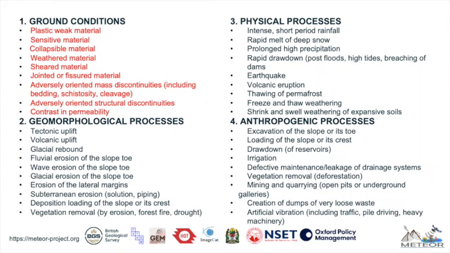The Working Party of the World Landslide Inventory grouped causes into those that were ground conditions, geomorphological processes, physical processes, and anthropogenic processes. In this slide, I've highlighted the preconditioning factors in red, all of which fall under ground conditions.